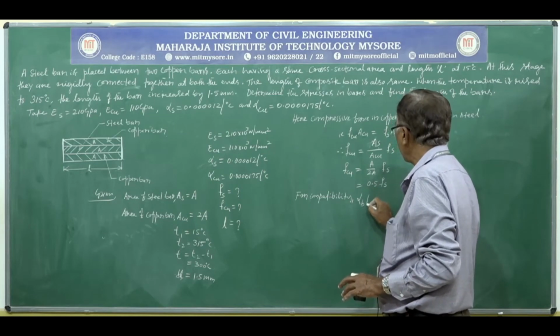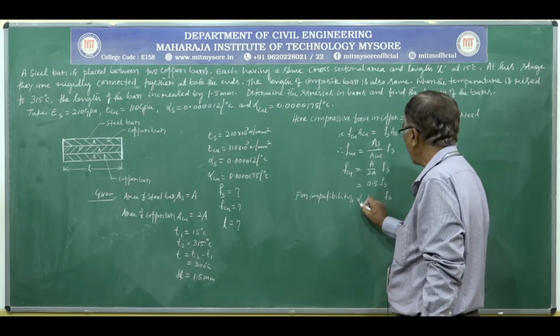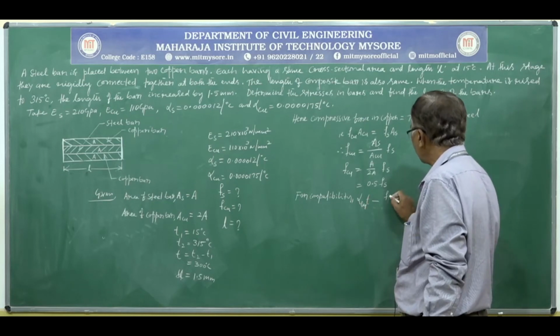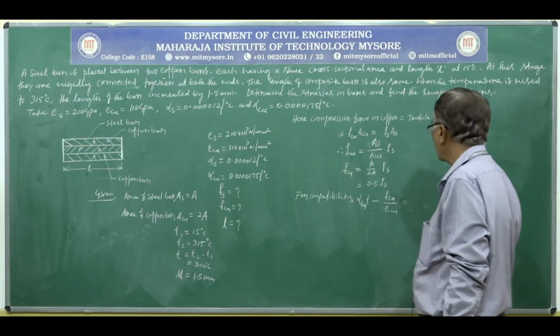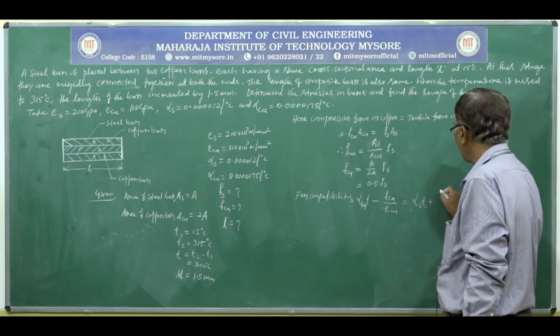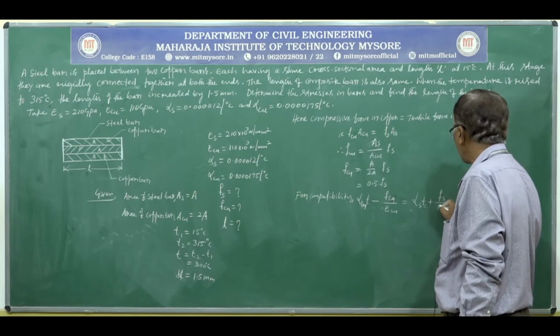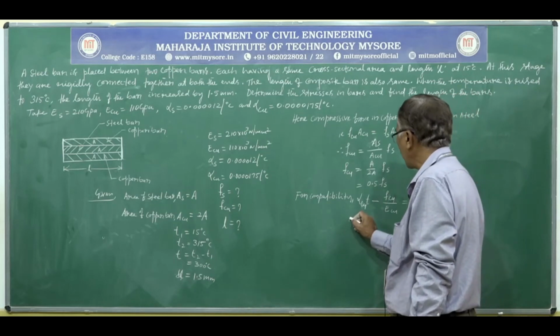Alpha Cu T minus FCU divided by ECU is equal to alpha S T plus Fs divided by ES. Substitute the values here.